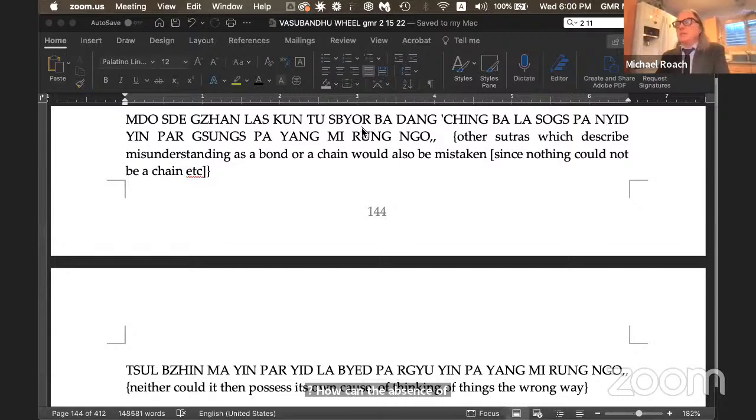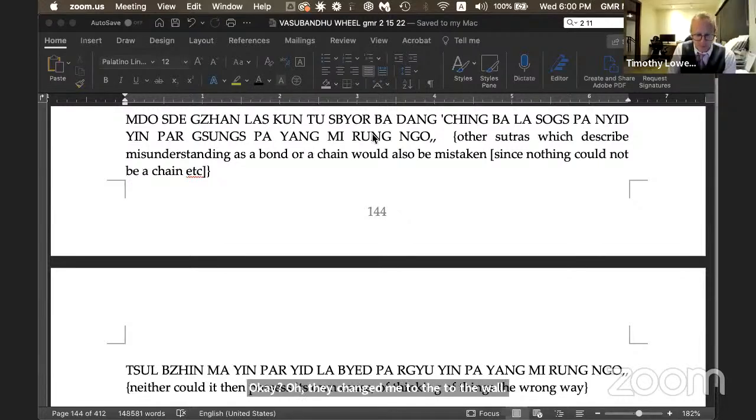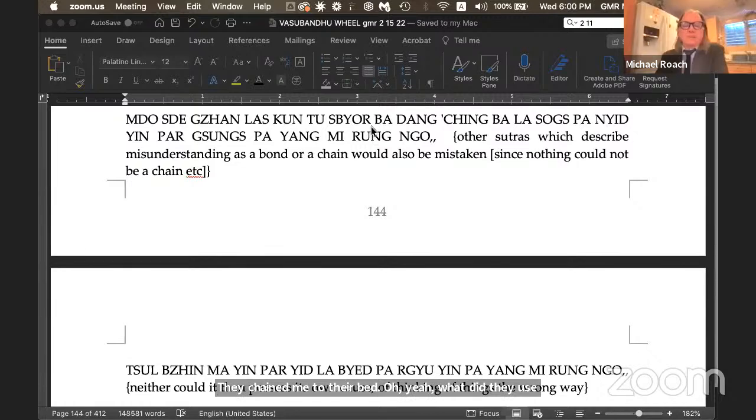They chained me to the bed. Oh yeah, what did they use? Nothing. You see what I mean? If the meaning of marikpa is the absence of knowledge, then it can't do chaining. You can't use it to chain somebody. Then it's invisible chains or something.